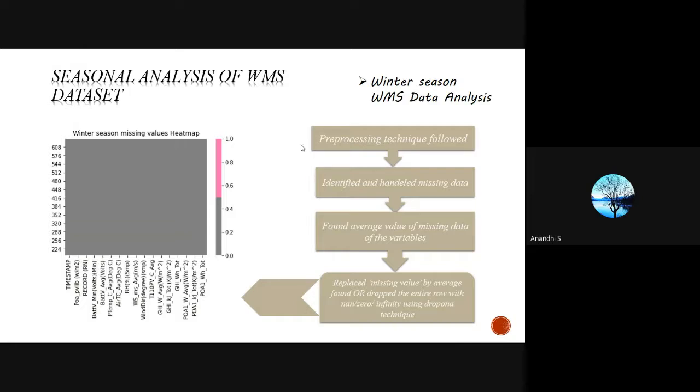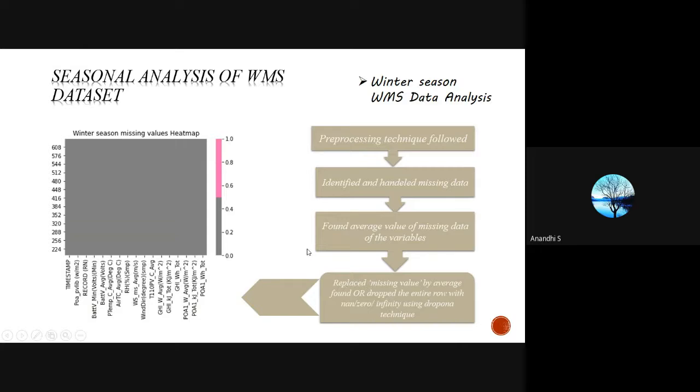And then this is the winter season analysis, just an overview. This is a heat map plot, which I plotted to visualize that there is no missing value. First I identified and handled the missing data, found the average of the values, and replaced the missing ones with the average of the column, or else dropped the entire row if it is an important column like gross generation.